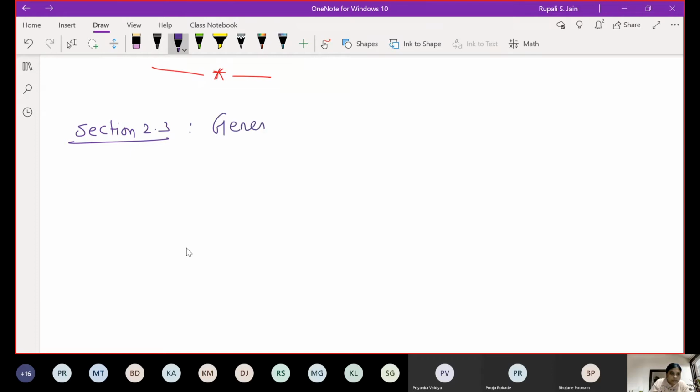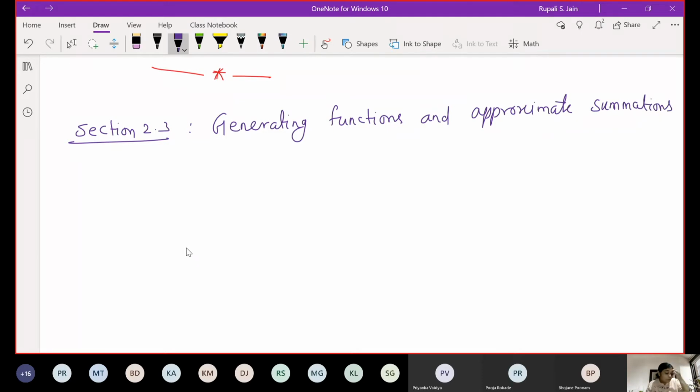It is the last section of this chapter, I think. So first we will see what is a generating function.